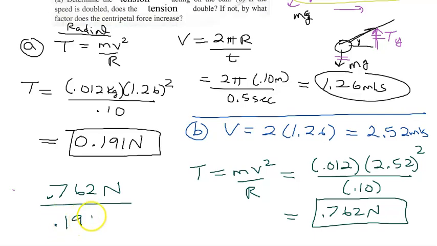It was 0.191. If you divide those two, I'm double checking because I don't know how much rounding there was, you get 3.99, which is basically 4 times bigger. So you don't have to do the math out. You can logic that through: if I double the speed and then square what I double, I get a factor of 4.